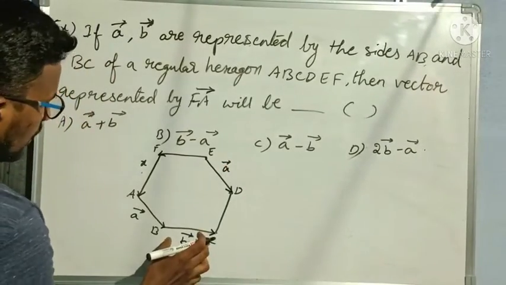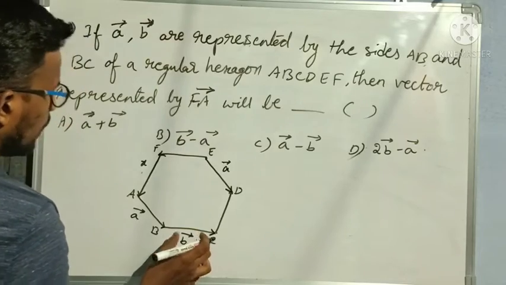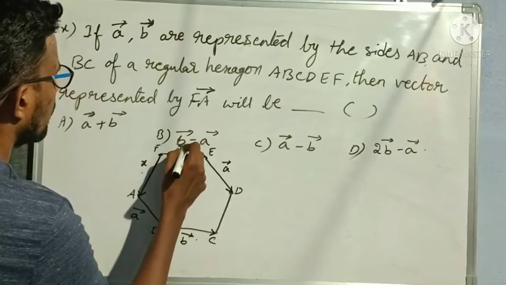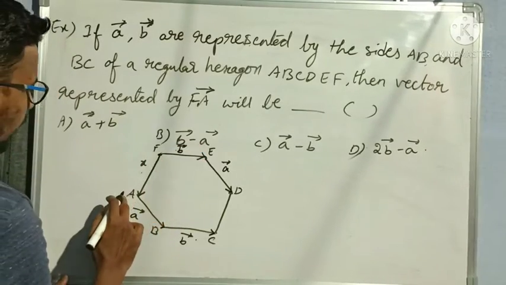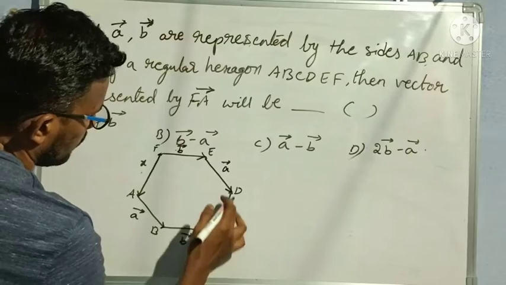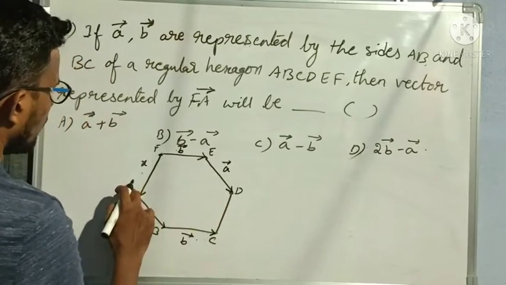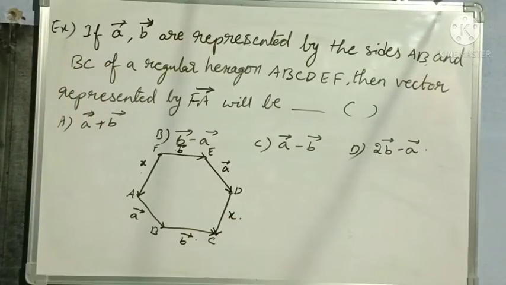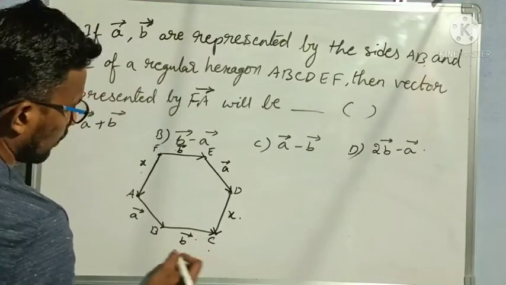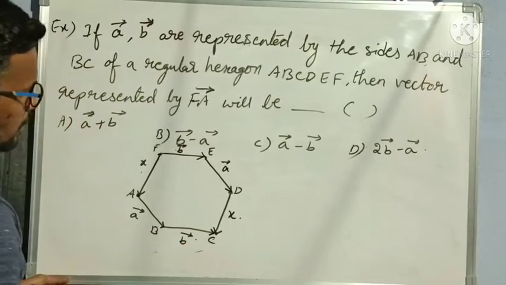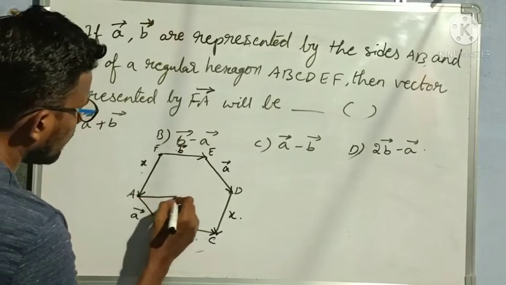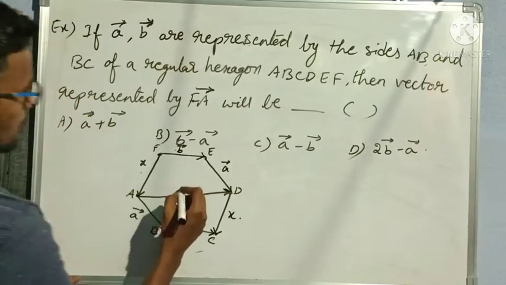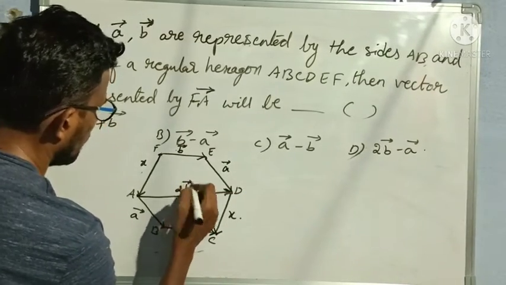In the same way, if BC bar is B bar, then my FE bar is also B bar, correct? In the same way, if FA bar is X, then my DC bar is also X. Okay. So if I move B bar, BC bar is B bar, right? So my AD bar becomes 2 times of B bar.